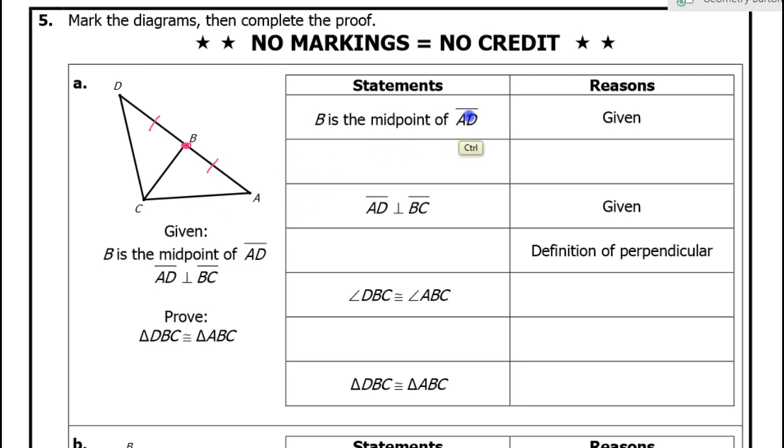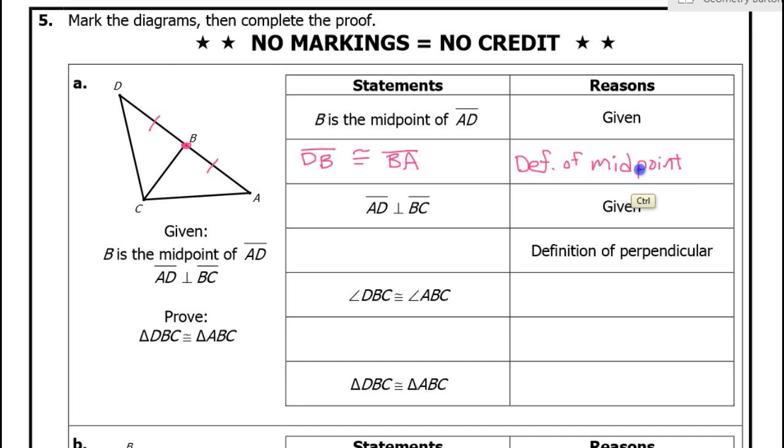All right, so I've got that statement, and that leads to the fact that DB is congruent to BA. And of course, the reason will be definition of midpoint, not segment bisector, midpoint. So definition of midpoint.